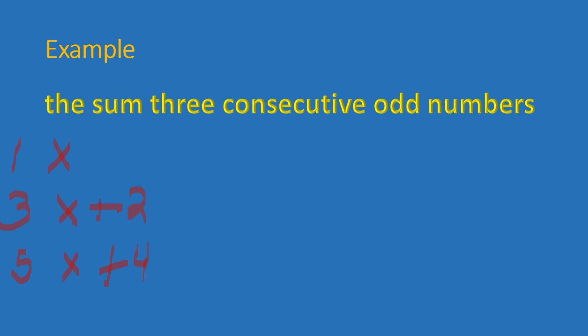Getting the concept now, when we write the phrase the sum of three consecutive odd numbers, we could have x plus, in parentheses to represent the second number, x plus 2, and then plus x plus 4. This is now the translation of that phrase.